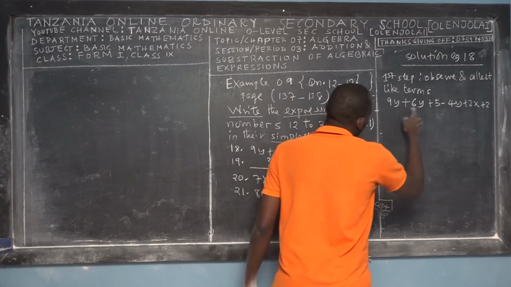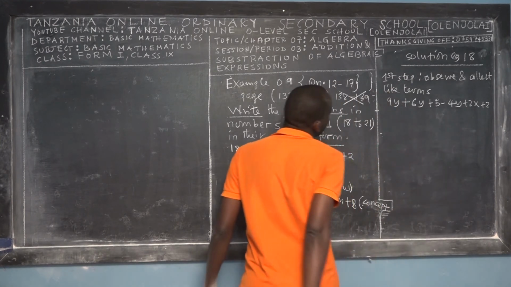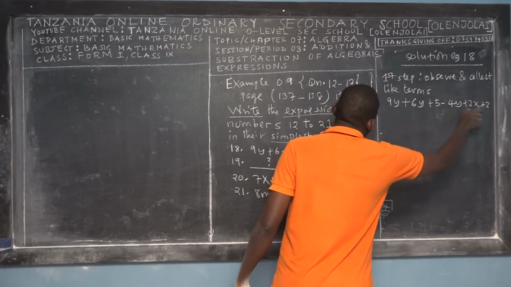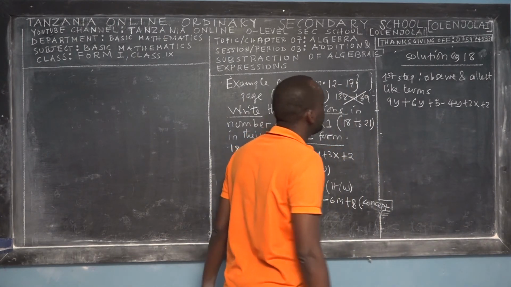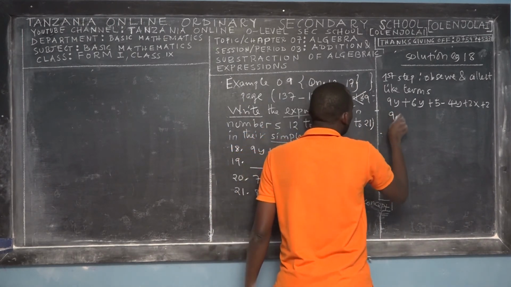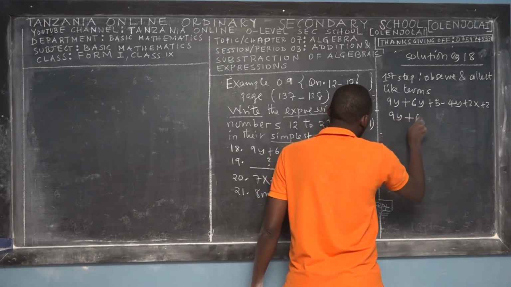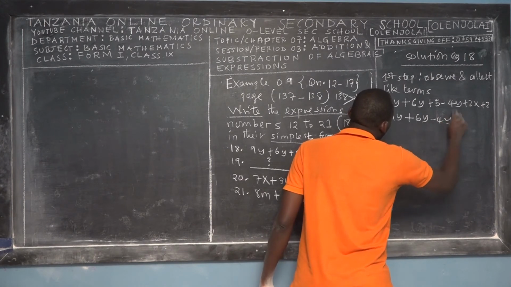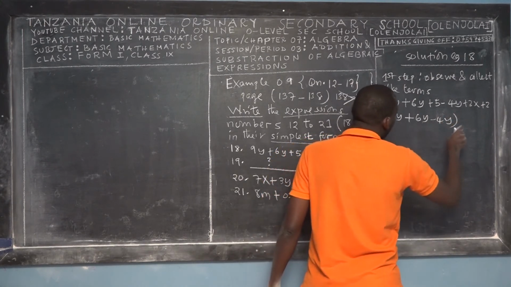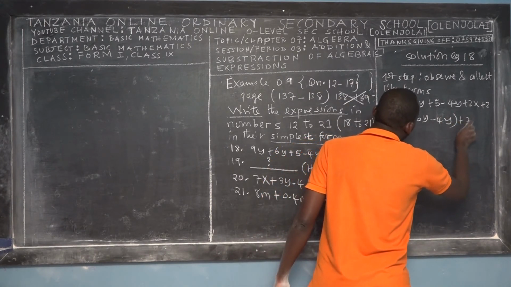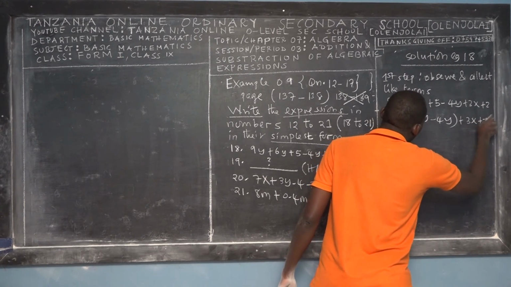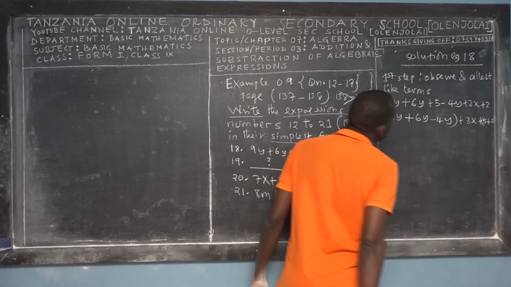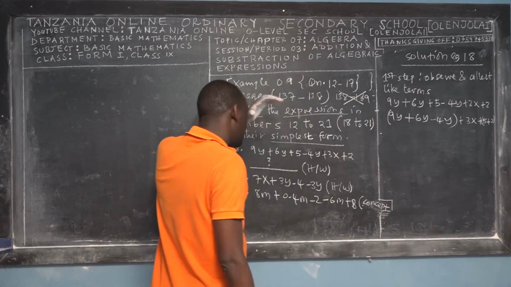So these are like terms, and this one is unlike these, and these are like terms, right? So 9y is alike to 6y, and also alike to the other y term, and then you have 3x, then you have plus 5 plus 2. So these also are like terms. So in total there are 6 terms.